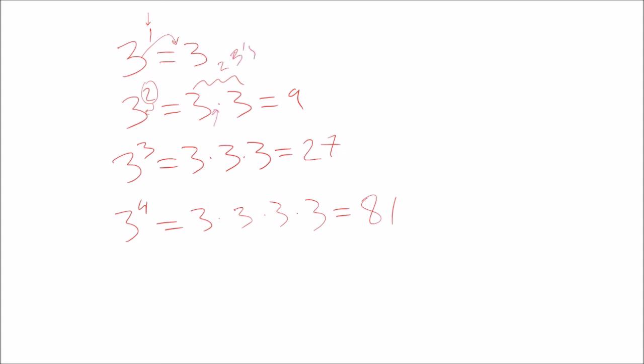That's your operation. So if you have something like 4 to the 5th, it's really telling you that you have 5 4's that are all multiplied. So 4 to the 5th is going to end up being 4 times 4 times 4 times 4 times 4. There are going to be 5 4's, and that's going to give you some value.